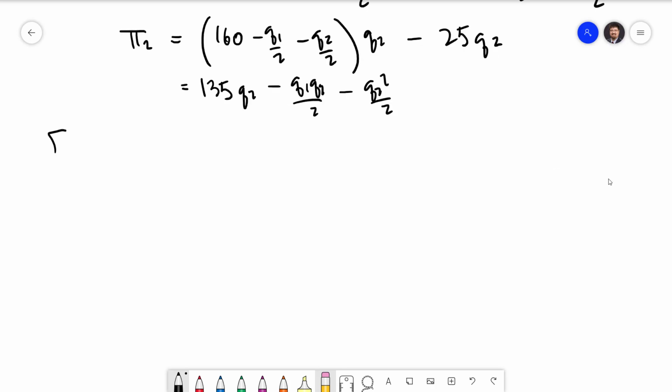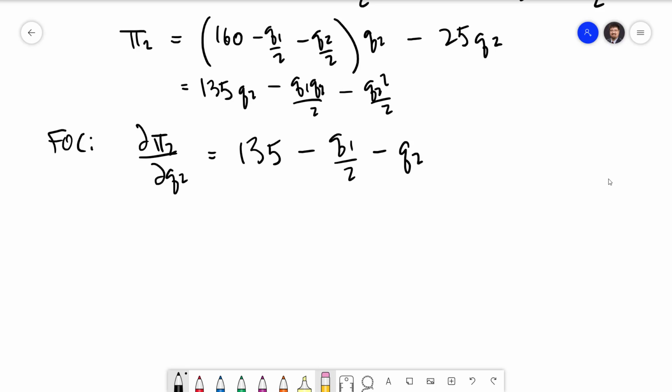Next, we're going to take the first order condition for firm 2. To do that, we're going to take the partial derivative of pi 2 with respect to q2, which will give us 135 minus q1 over 2 minus q2. Again, the squared comes down, and that's going to cancel out the 1/2. And of course, we set that equal to 0. Add q2 to both sides to get our best response function for firm 2.